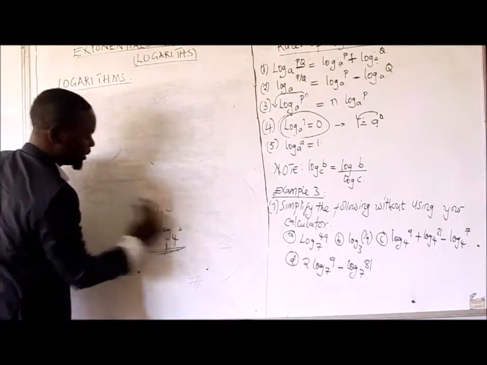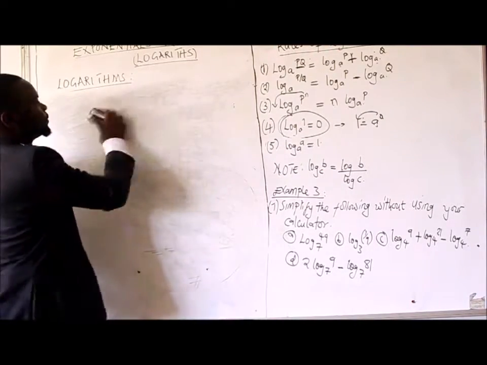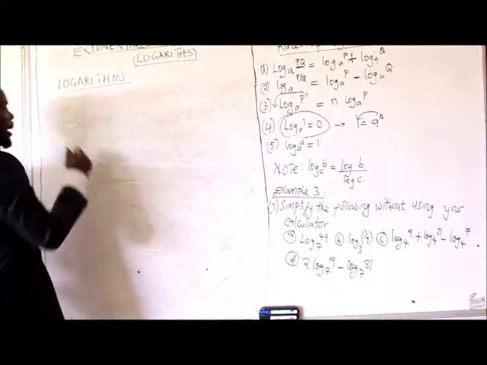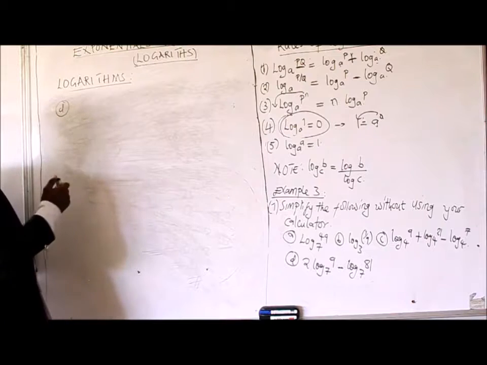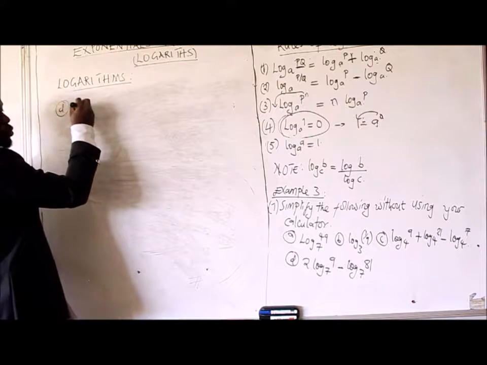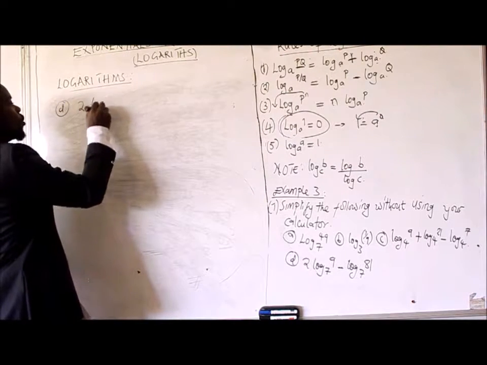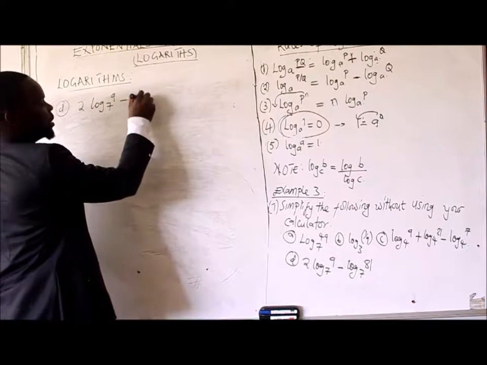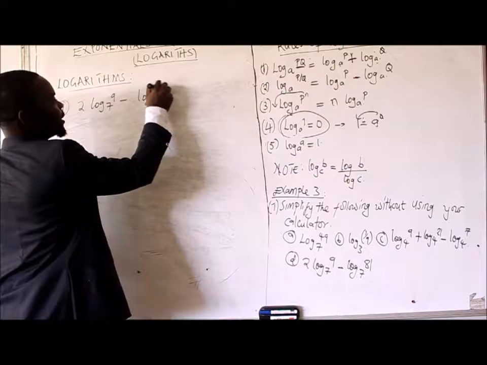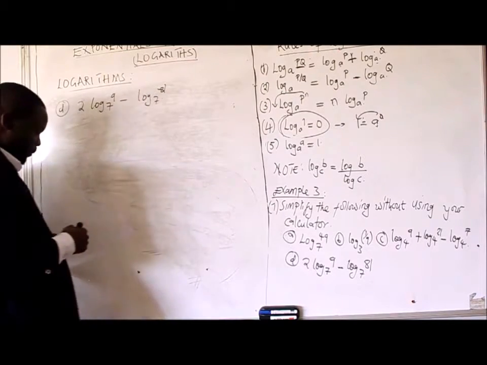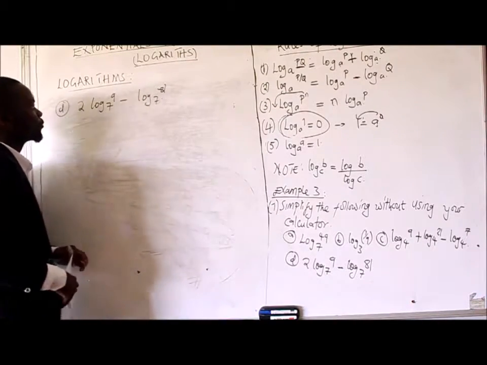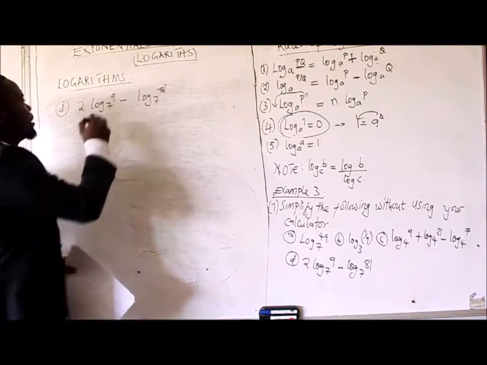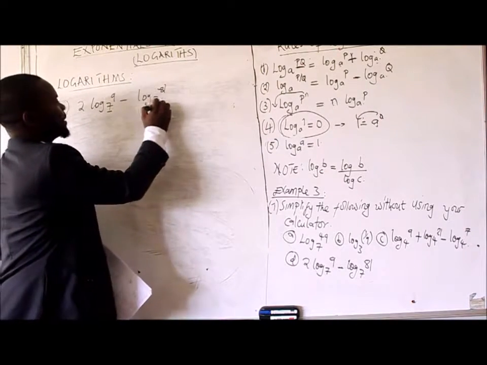Example D reads: 2 log 9 base 7 minus log 81 base 7. Here we can see that we have got the same base, base 7.